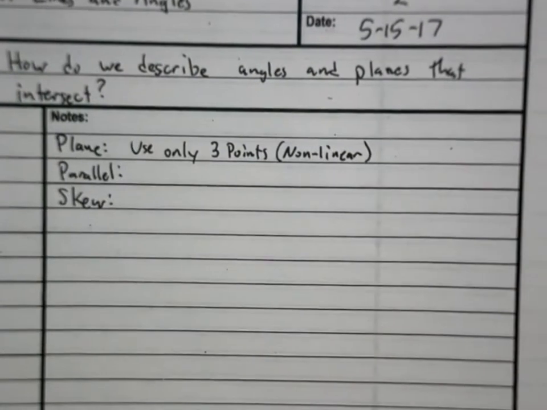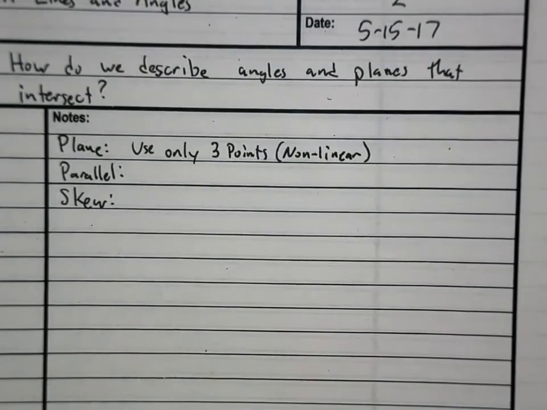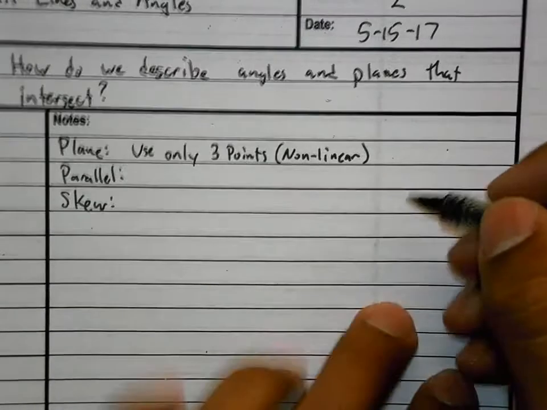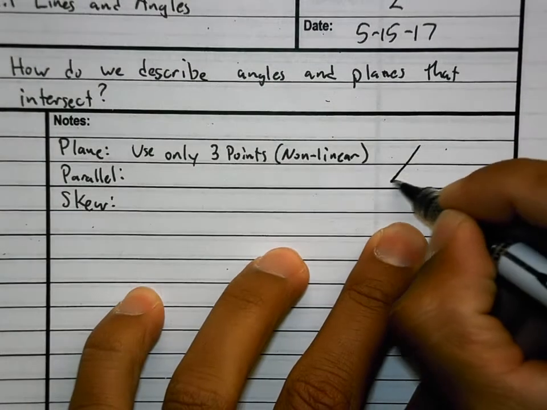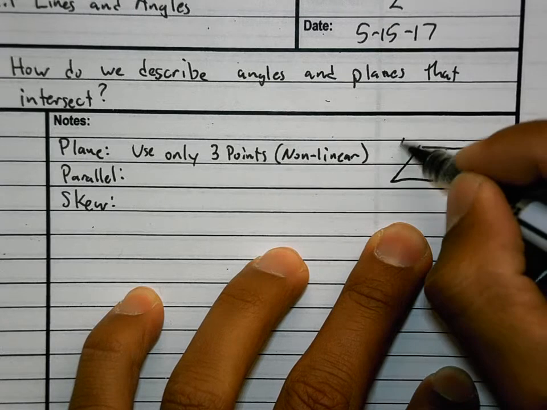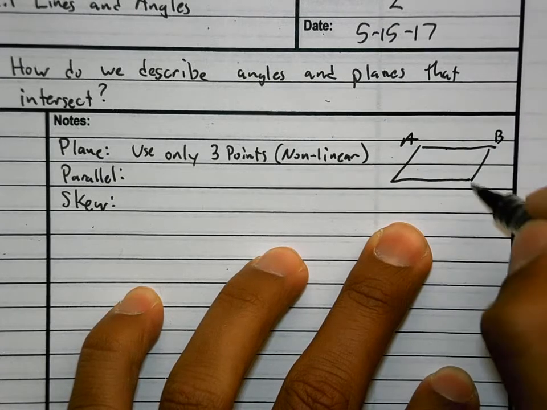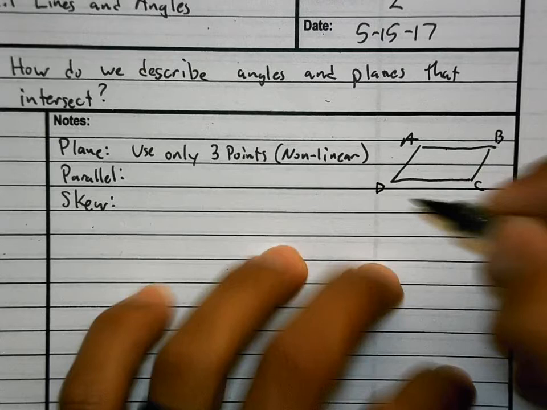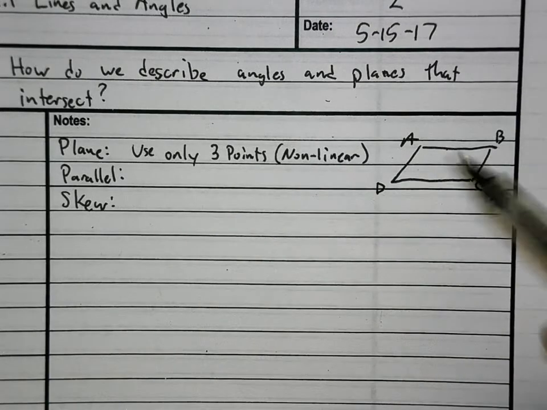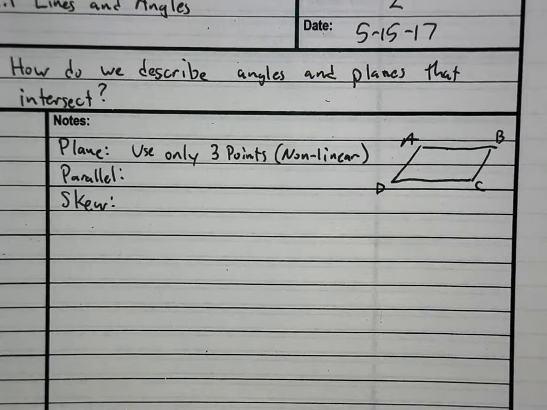I'm going to zoom in just a little bit on that for you. So even if I have a plane that looks like this, with A, B, C, and D, this plane has 4 letters on it.